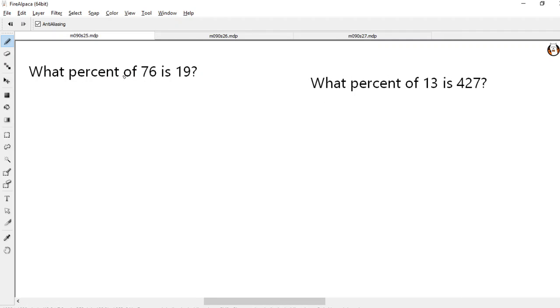What percent of 76 is 19? Is over of: 19 over 76 is equal to my percent over 100. 76p is equal to 1900. So p is equal to 1900 divided by 76. Oh geez, 2, I think.